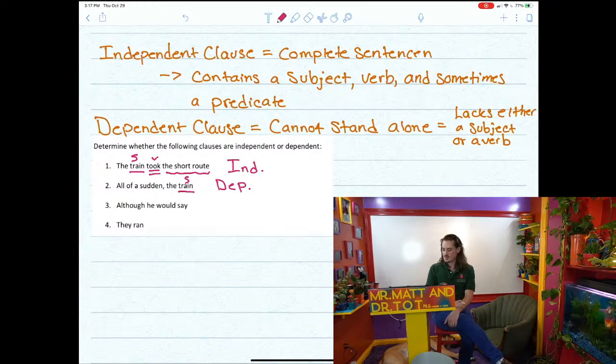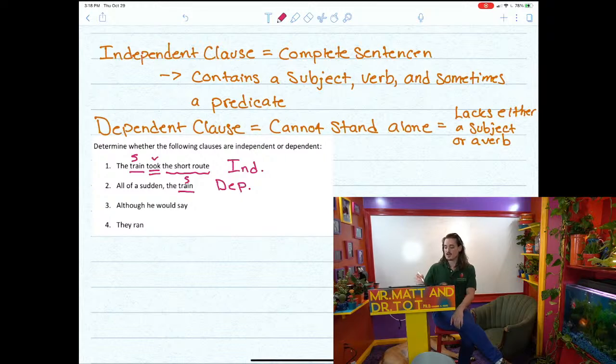Number 3, although he would say. You have to watch out for these modifying words like although. There's a condition that is implied with the word although. It's setting up a contrast with a preceding clause. And so if you don't have another clause that is providing that contrast, you're left with this lacking feeling with the sentence or with the expression.